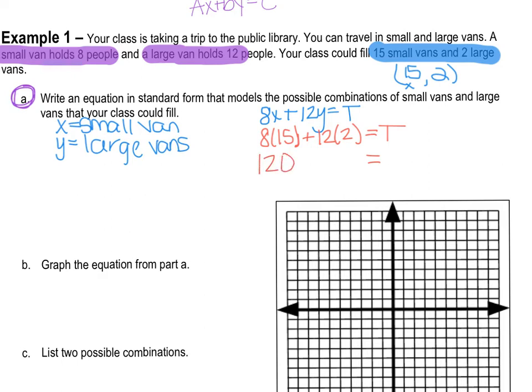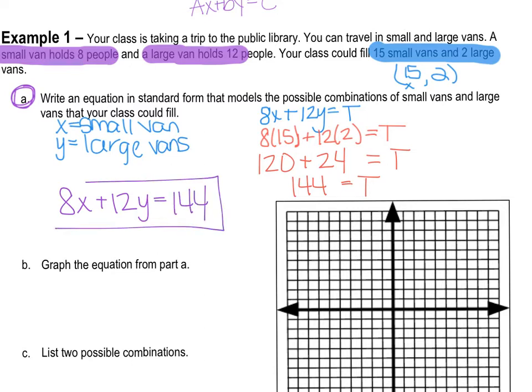So 120 plus 24 equals T. So I have 144 equals T. So my final equation is going to be 8x plus 12y equals 144. And that is going to represent how I can fill those large and small vans. And we're going to use that for B here when we have to graph this equation from part A.